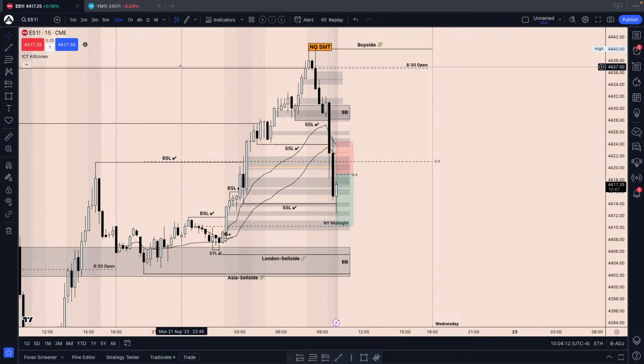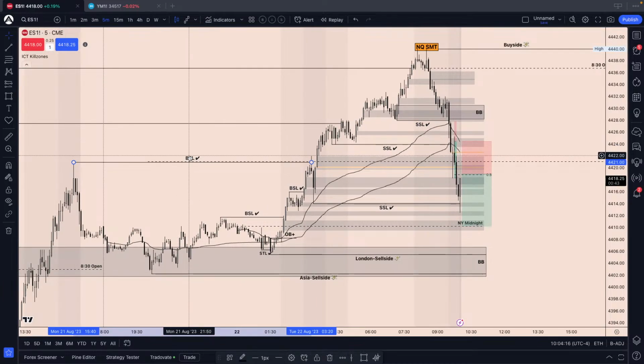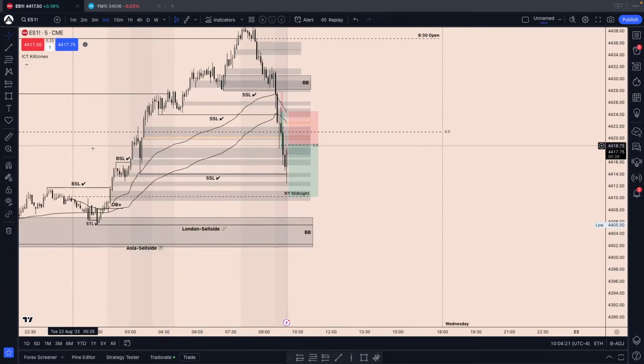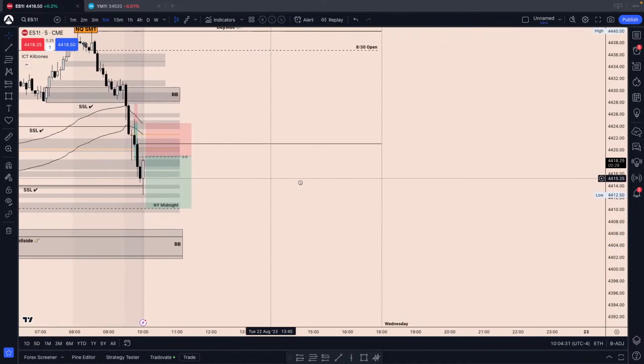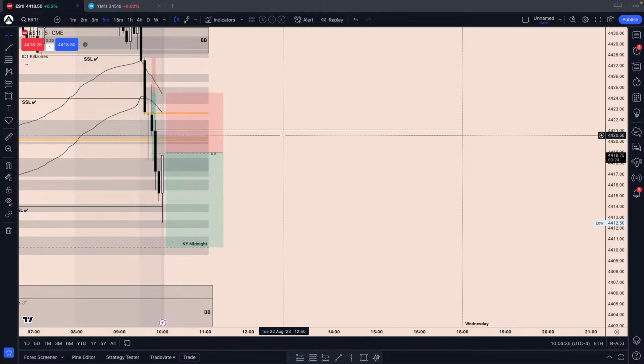Note that we also have our inversion fair value gaps right there. What happened here? Get rid of that. What level is that? That's that 50% level. Going to mark this up. That's the equilibrium of today's range.